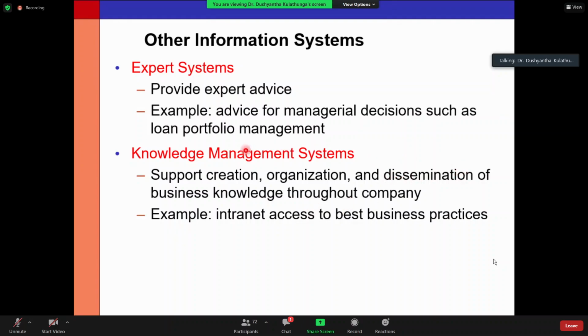And we can use the knowledge management systems to disseminate it among the employees within the organization. Again, mostly with the help of the intranets, because intranet is a place which connects all employees of an organization. So these systems are connected to the intranet, and therefore they are capable of disseminating or distributing the particular knowledge which is available there through the intranet to employees of the organization.